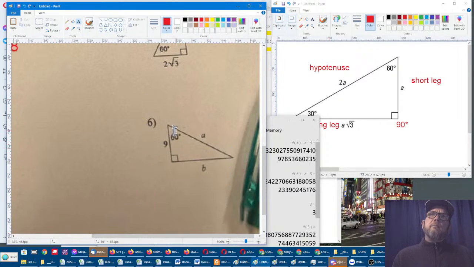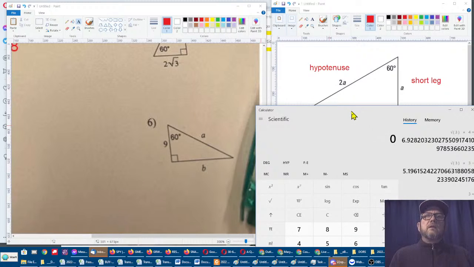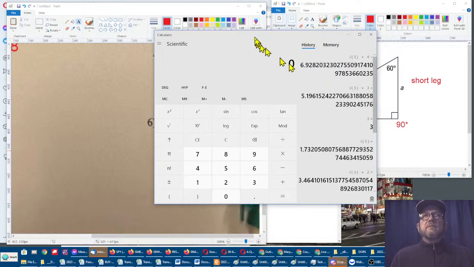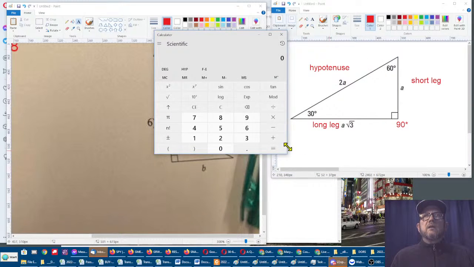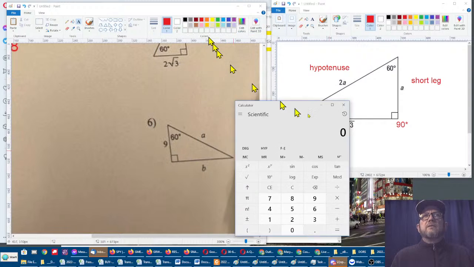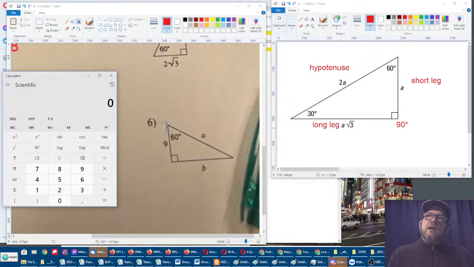So let's look at number 6. This part here, you got 9.